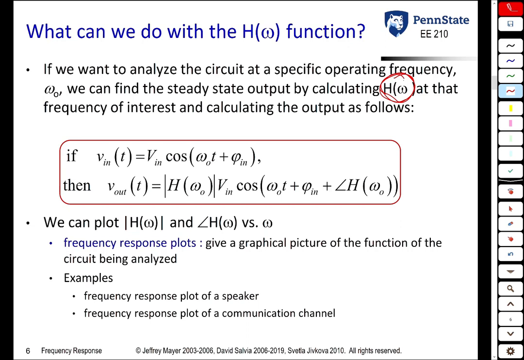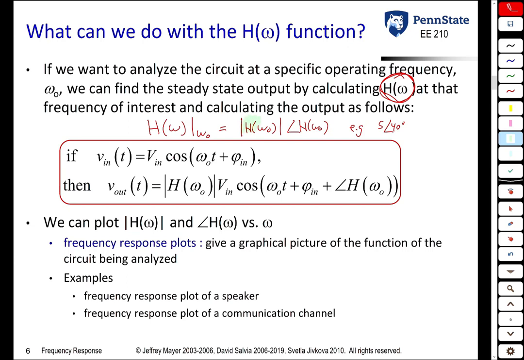That complex number tells us how much we need to adjust the amplitude and the phase of the output. In other words, suppose you want to evaluate H of omega at some frequency omega naught. It's going to be some magnitude at some angle.